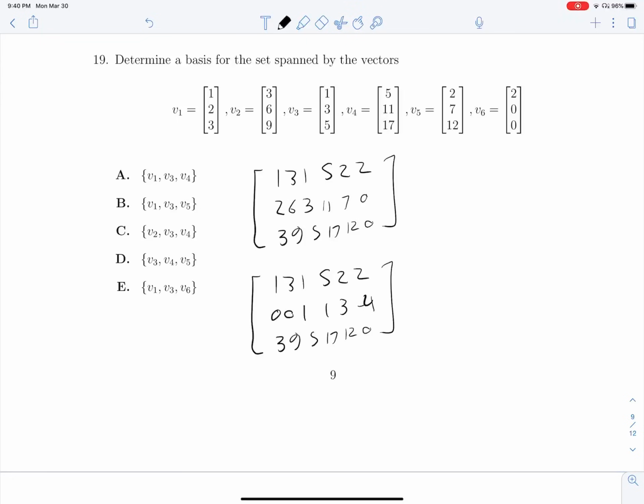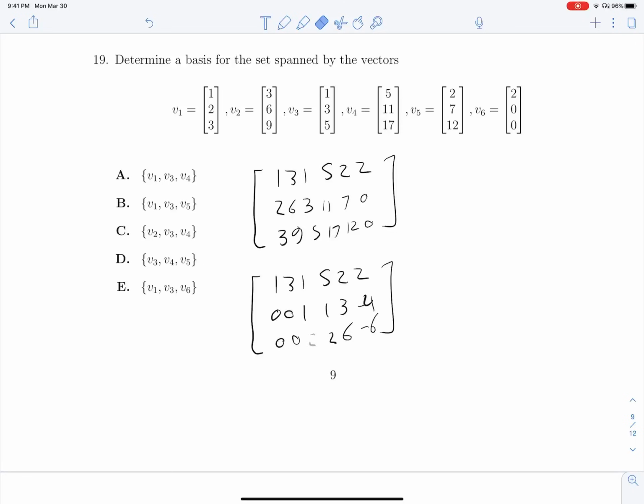And let's subtract 3 row 1s from row 3. 0, 0, 2, 2, -6, 6, minus 6 again is -6. We can divide all this by 2.